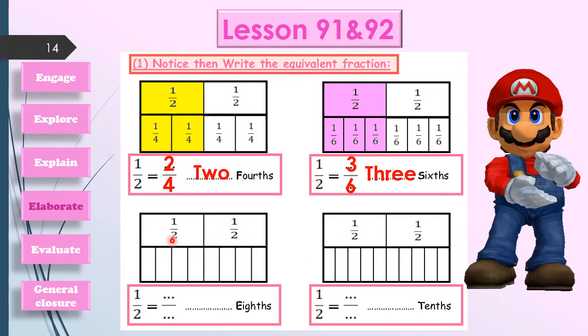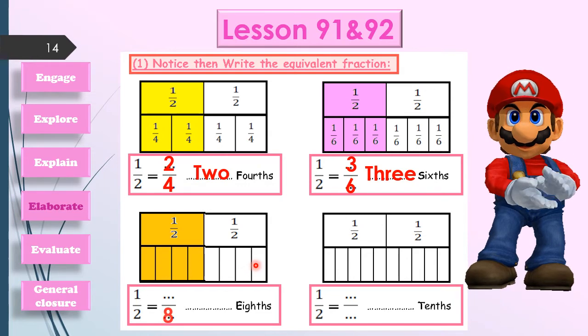Here we have a half and a fraction strip divided into 8 equal parts. Then we will color how many parts out of 8? Yes, 4 parts out of 8. Let's write down in the denominator the number of all parts. It will be 8, and the colored part will be 4. Then half will be equivalent to 4 eighths.